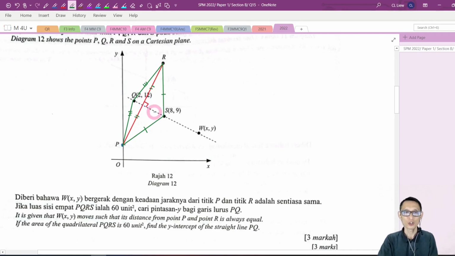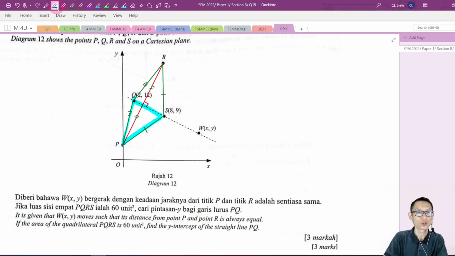From this, you know that this line is going to divide this quadrilateral into two equal halves. If this is 60 square units, then half of it will be 30 square units, right? So how do we get the area of this triangle?